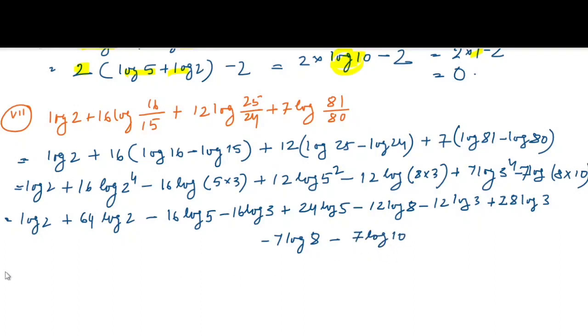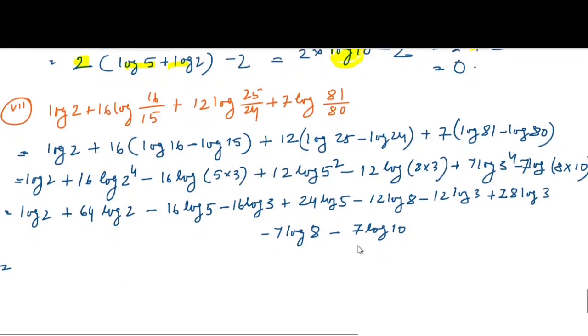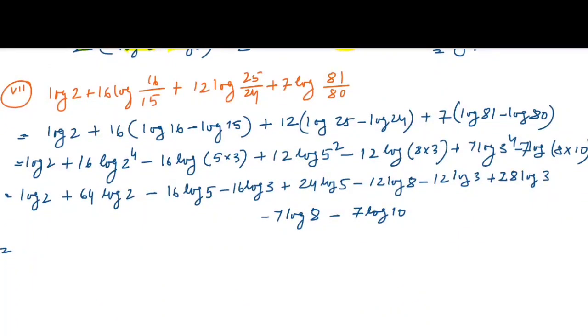Okay, so the problem is laborious, please do it very carefully, otherwise there is a chance of mistakes. So log 2 plus 64 log 2 minus, here you can see that 16 log 5, okay, we'll write one more time, 16 log 5, simplification is important, minus 16 log 3 plus 24 log 5.